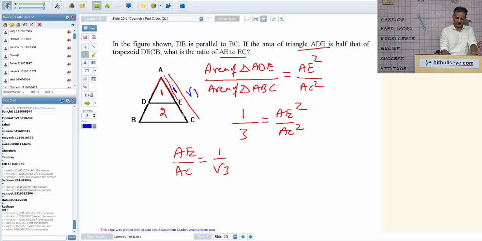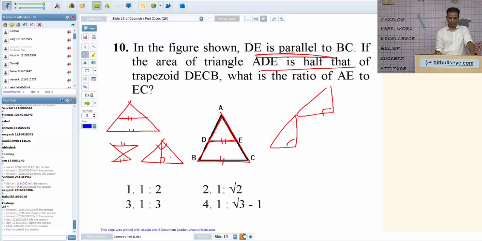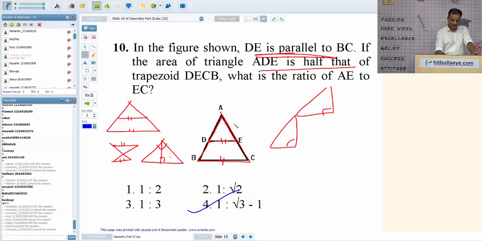So can I say EC will be √3 minus 1? So the ratio of AE to EC will be 1:√3 minus 1. So it will be your fourth option, 1:√3 minus 1. This will be 1, this will be √3, so EC will be √3 minus 1.